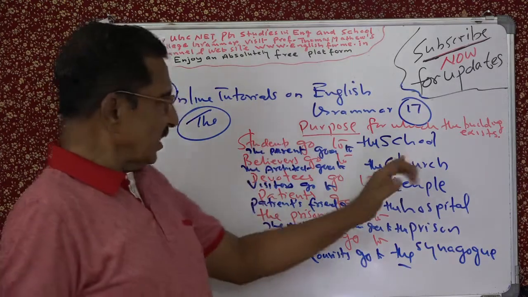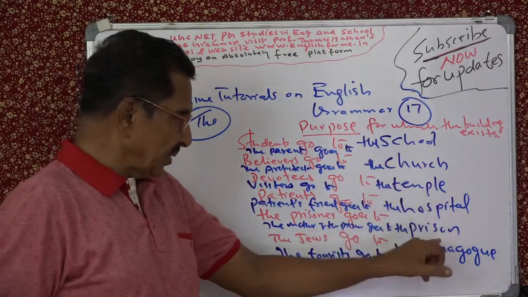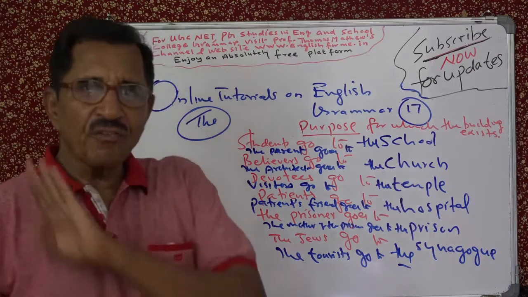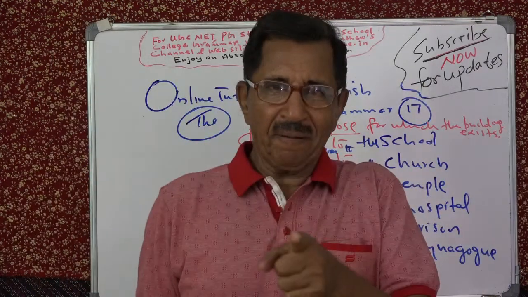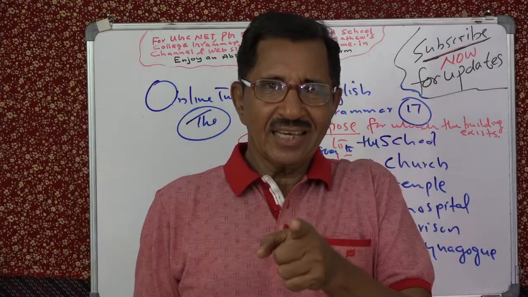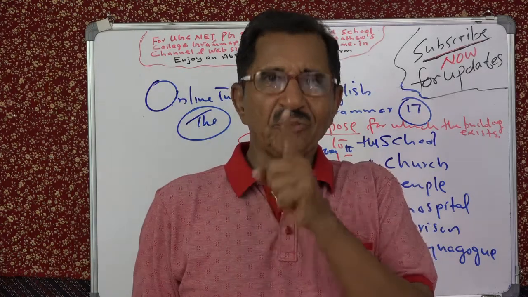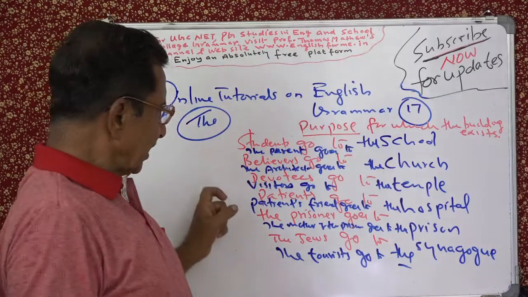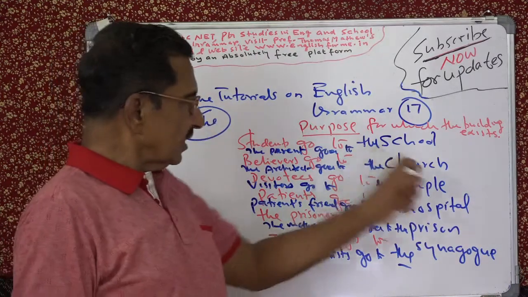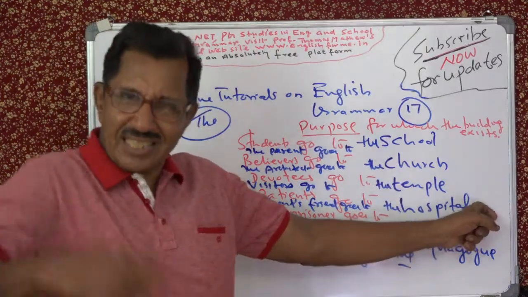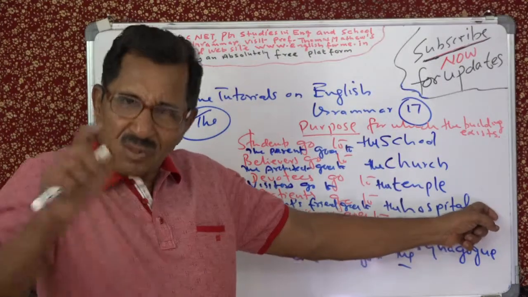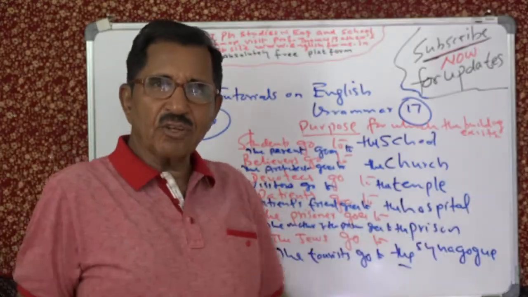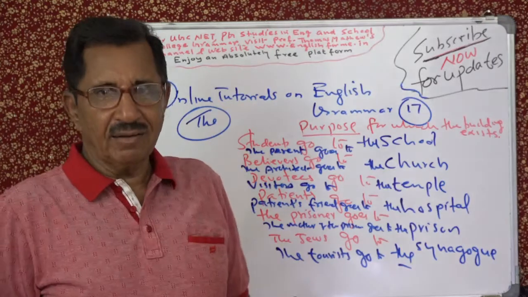We can use school, church, temple, hospital, prison, synagogue, etc. without the if. It is for the purpose for which the building exists. Suppose you are going just for the building, say, seeing the building, not for the purpose, then you have to use the.